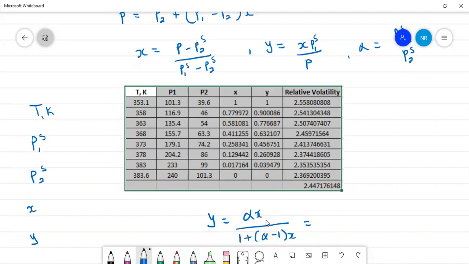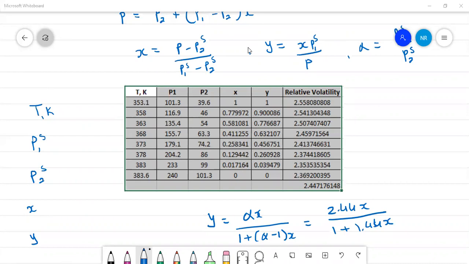The alpha value will be 2.44, so y equals 2.44 x divided by 1 plus 1.44 x. For different values of x, we get different values of y, and we get the equilibrium data. So this is the third example.